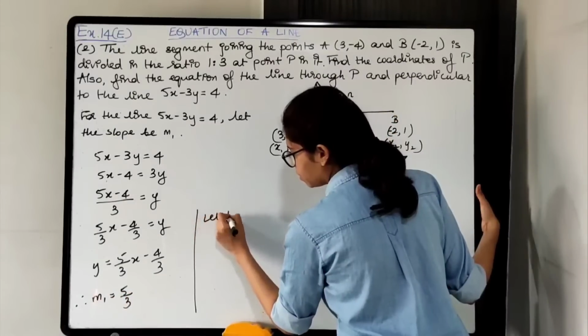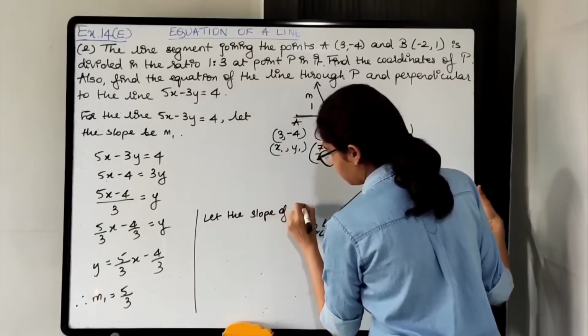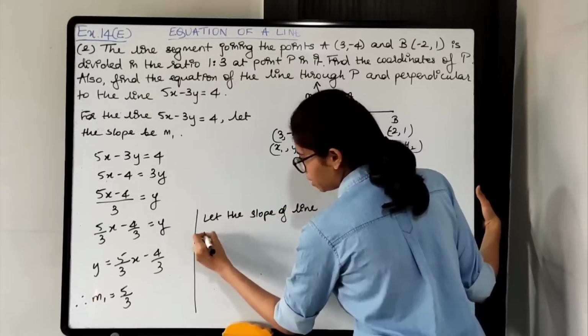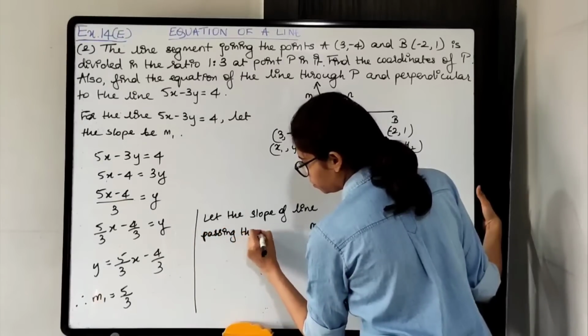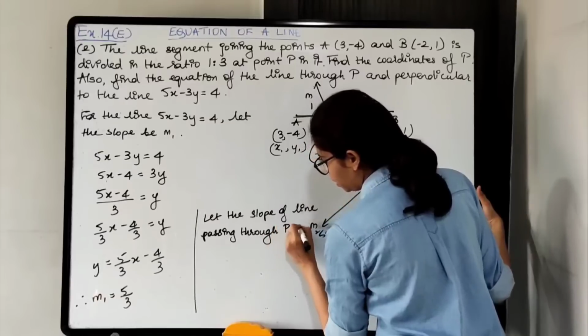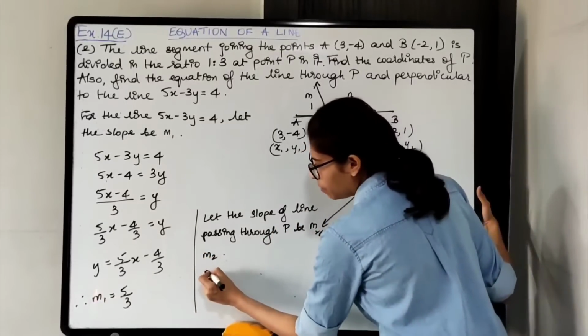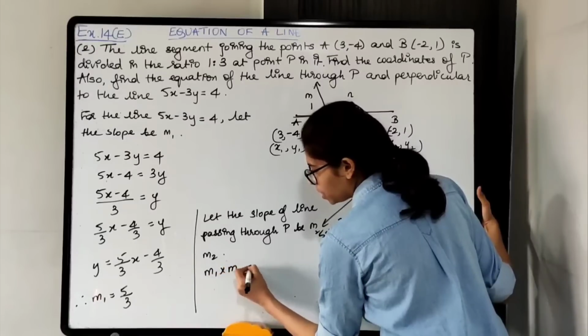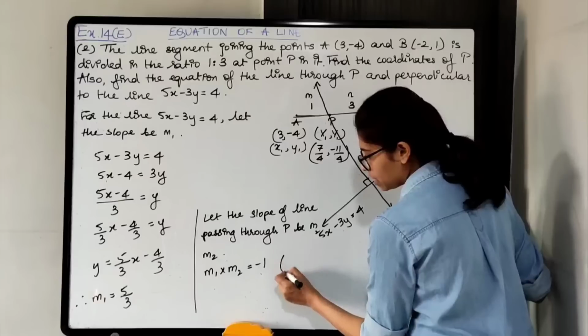Let the slope of line passing through P be m2. All right. m1 into m2 is equal to -1 because they are perpendicular lines.